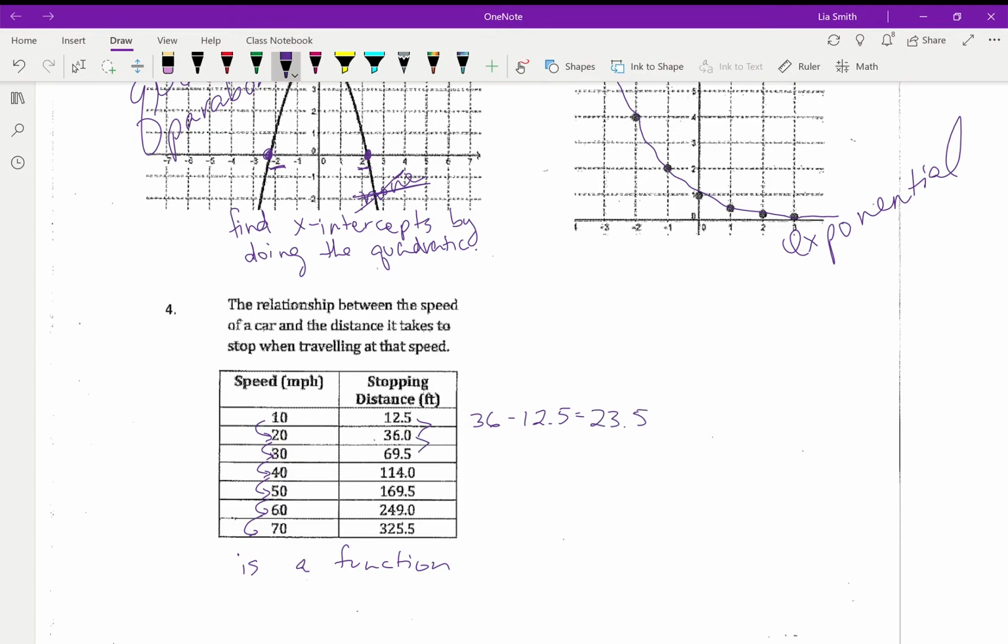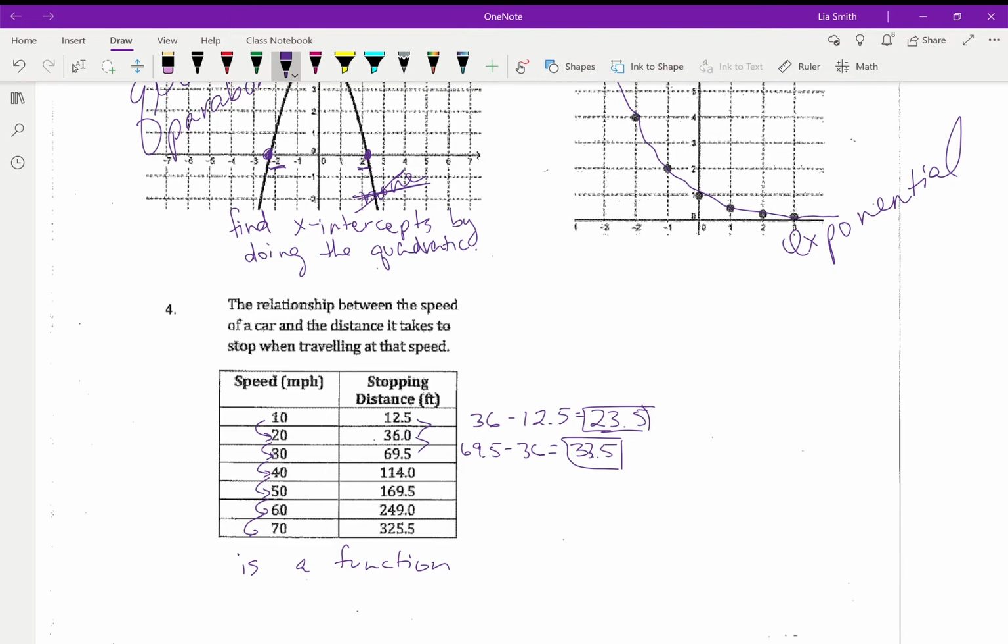Okay, I'm going to do the same thing here. So I get 69.5 minus 36. And I get 33.5. Uh-oh. These are not the same difference. Okay, let's keep going.